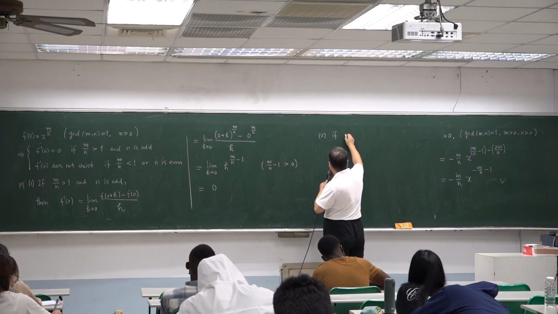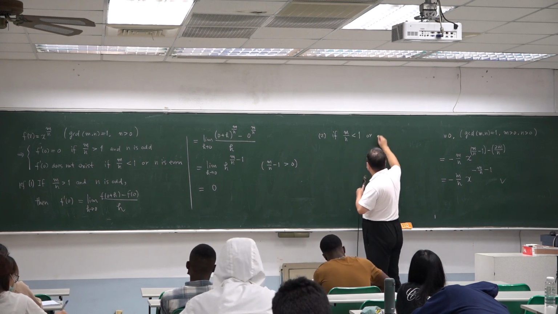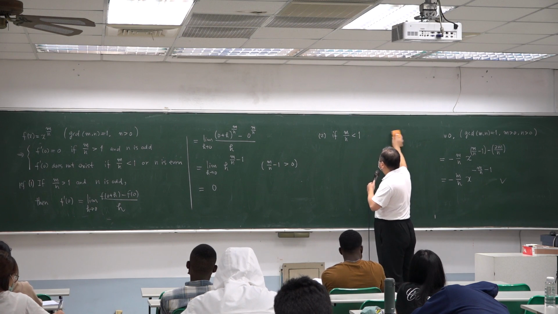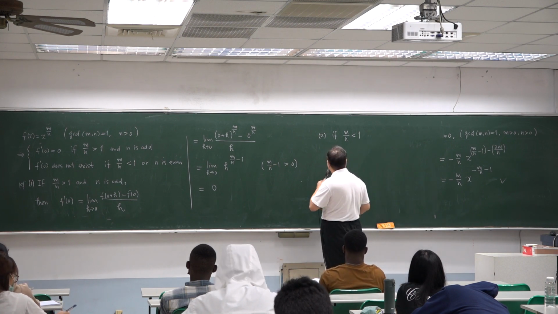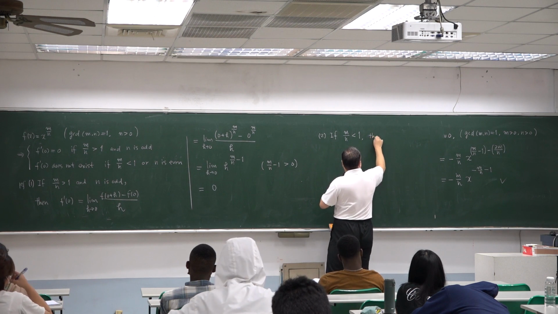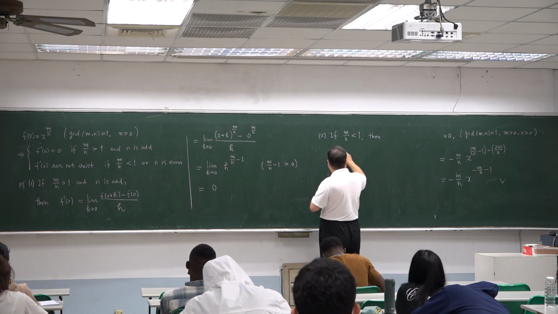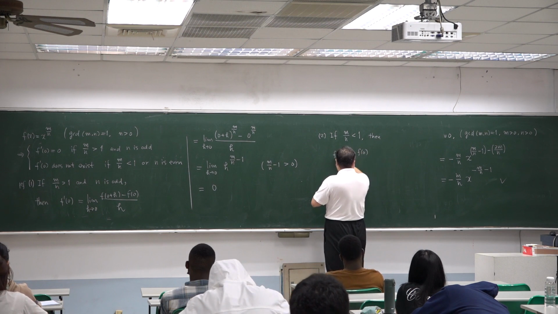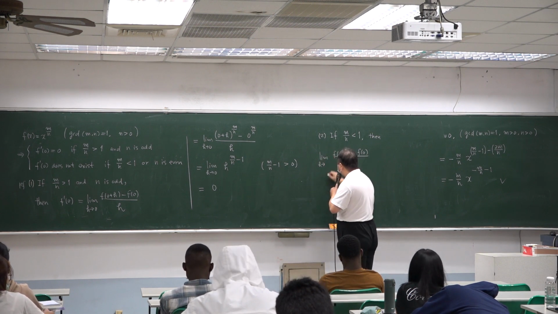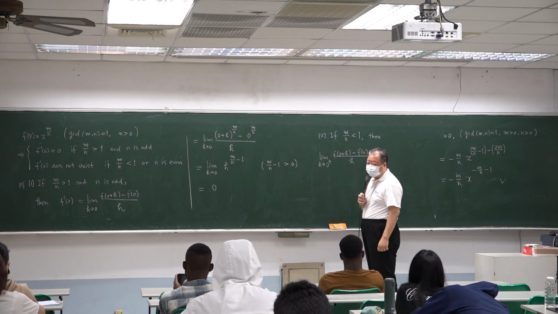If this number is less than 1, then we consider again the limit of this difference quotient, but we don't know whether n is odd or even.